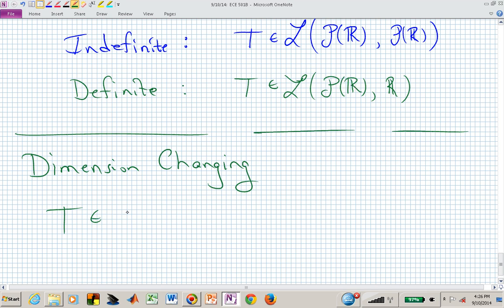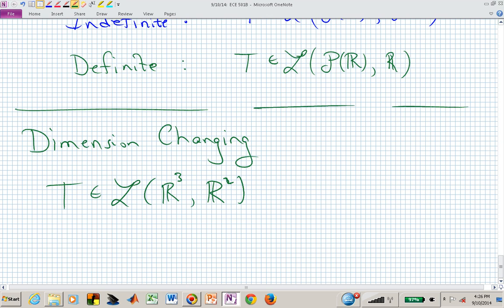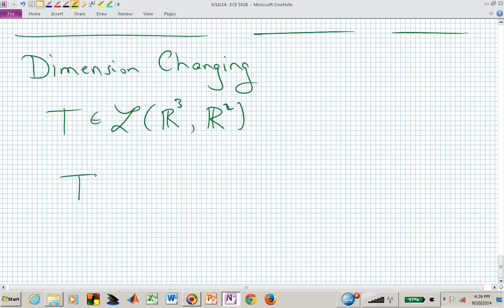suppose I have a linear operator that goes from R3 to R2. What does that mean? That means that I could take a 3 vector, let's say a point in this room, and now I get to walk around, right?